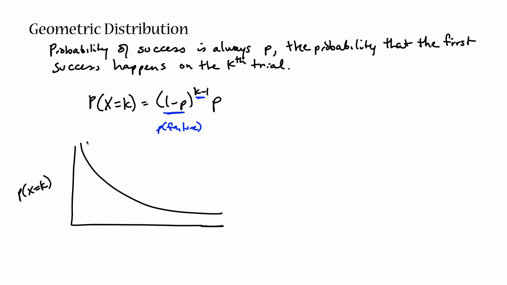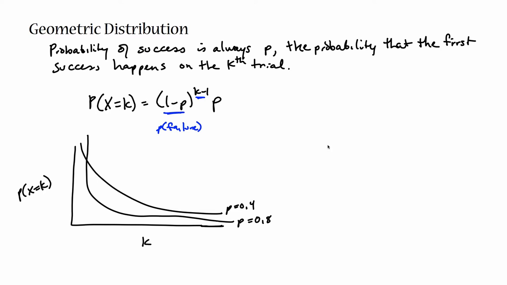And the steepness of this curve is going to depend on the probability of success. So if your probability of success is high, like say it's 0.8, then most likely you're going to have your first success early on. Sorry, this is k, the number of trials. Whereas if the probability of success is smaller, then it's more likely that your first success will come a little bit later on.